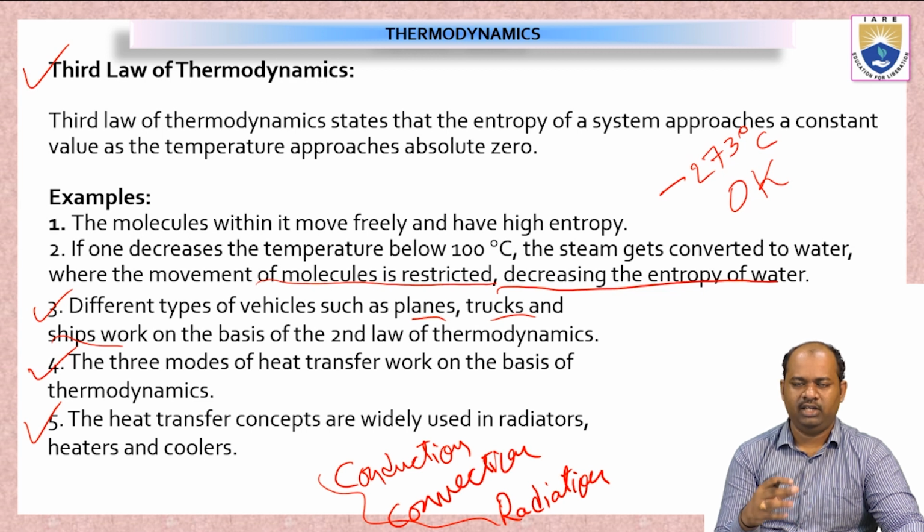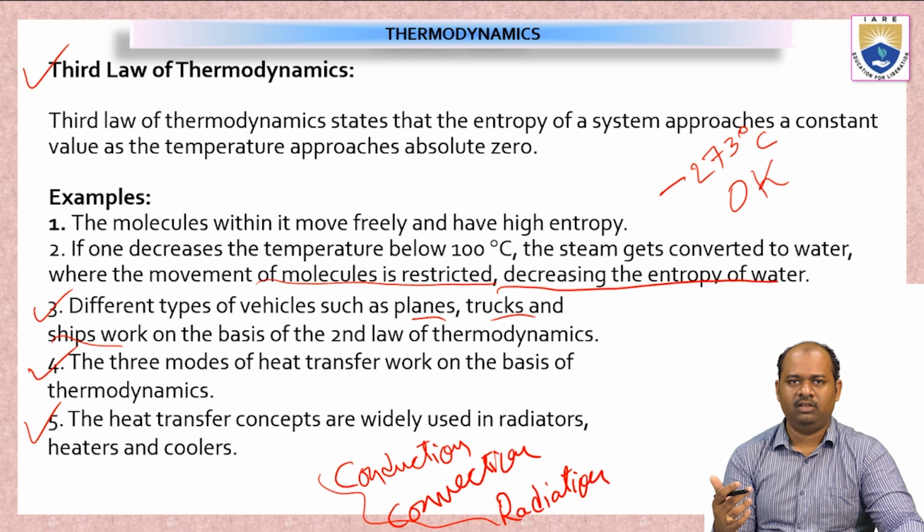Heaters are devices which are used to increase the temperature of a particular room or a chamber. They will use some kind of heat exchanger to do this process. And coolers are what we are now using as refrigeration systems. All these devices, radiators, heaters and coolers, are based on the laws of heat transfer, which in turn are based on the third law of thermodynamics.